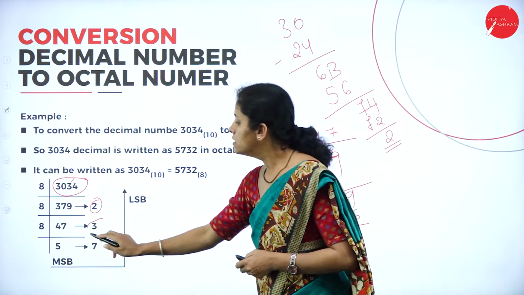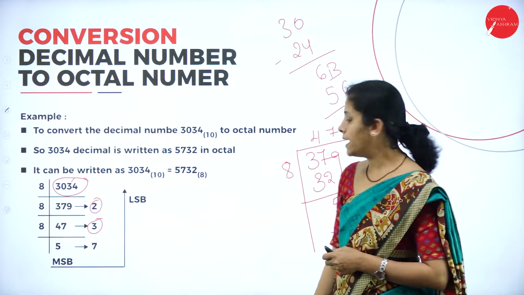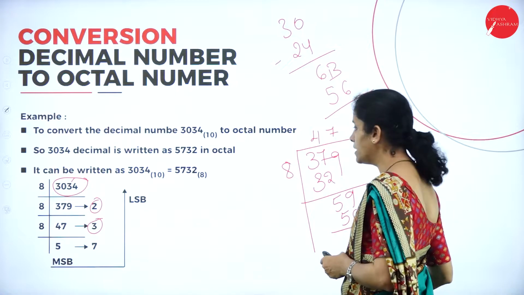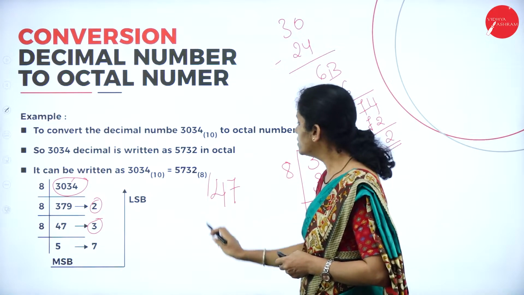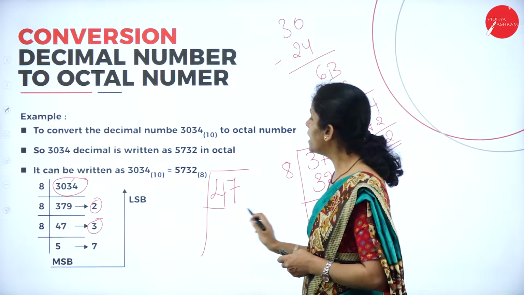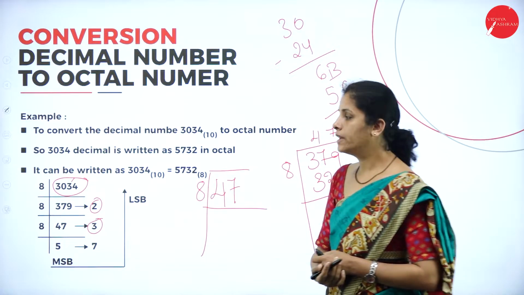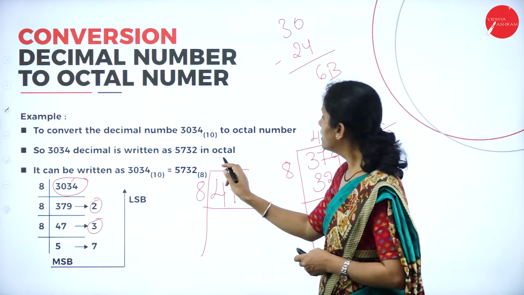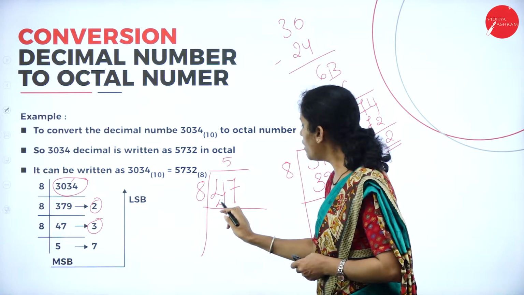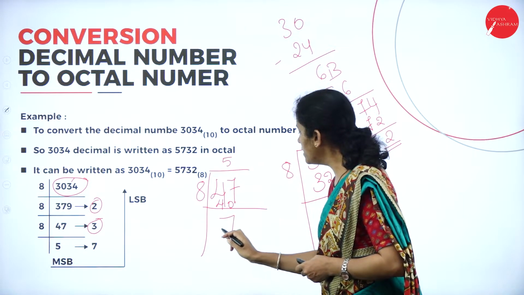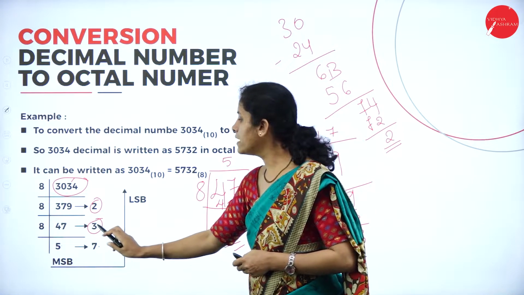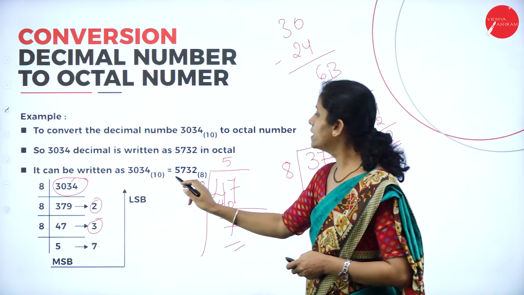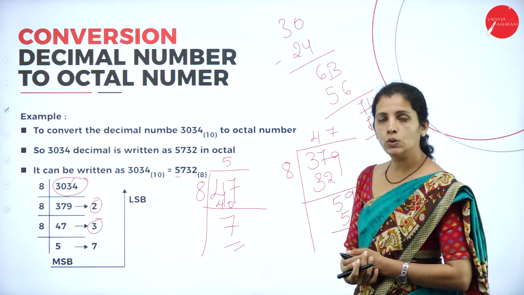So what is the remainder? It is 3. Now I have 47. So divide this 47 by 8. 8 fives are 40 and 7 is the remainder. So I'm going to get 5732.